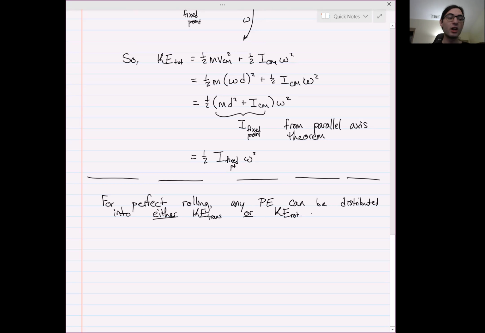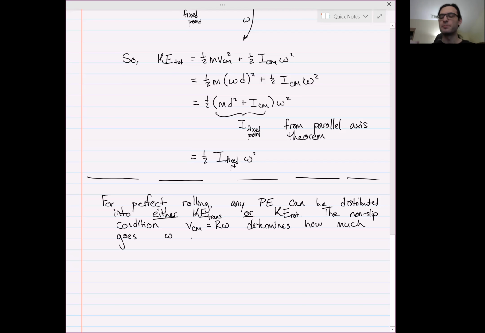The non-slip condition, the fact that it's rolling exactly as much as it's moving, is given by v_cm equals R omega, and it determines how much goes where. I'm going to illustrate this in a minute.